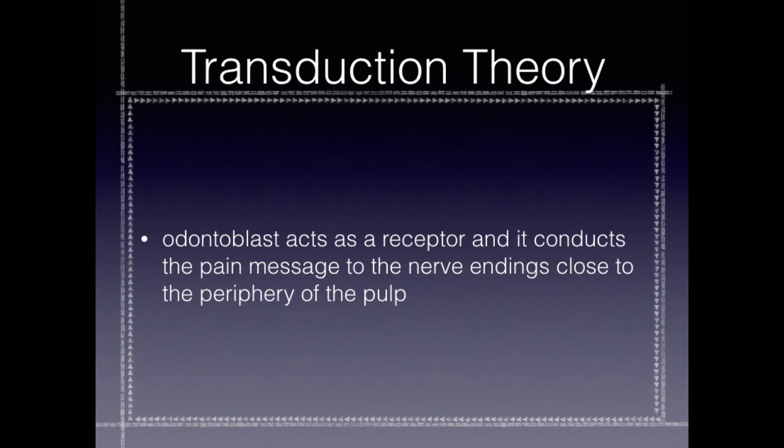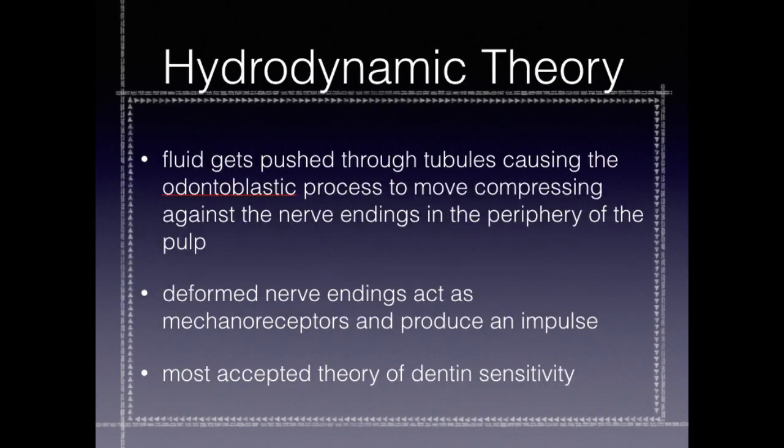This has not been proven. It's not likely to be the case. They haven't been able to show any kind of synapse or any way that message is passed on through the odontoblast cell.